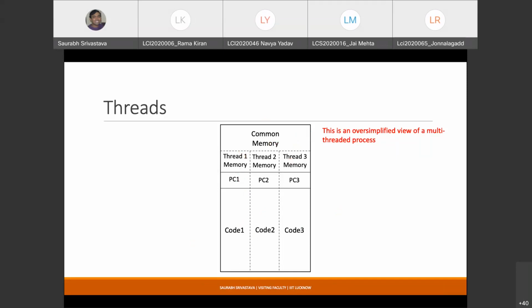Anyone? You use such applications all the time. In fact, we are using one right now. So can you think, why would a process need more than one code section, more than one set of variables, more than one program counter? Any thoughts?